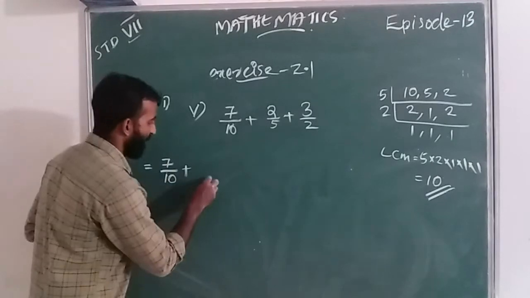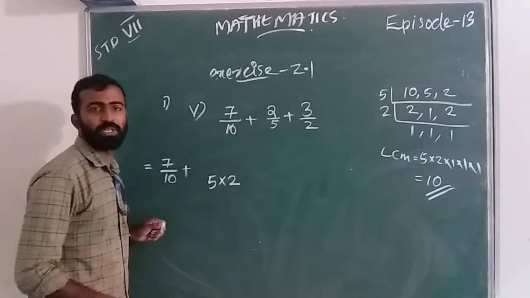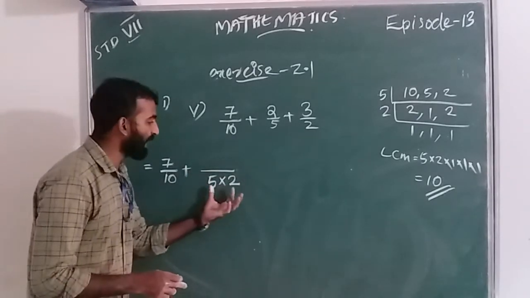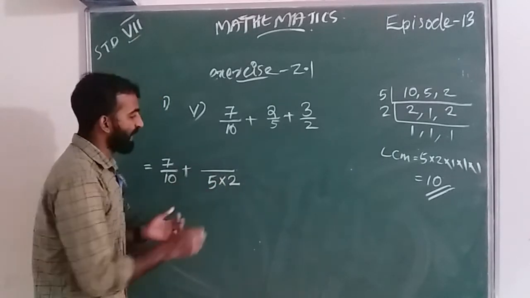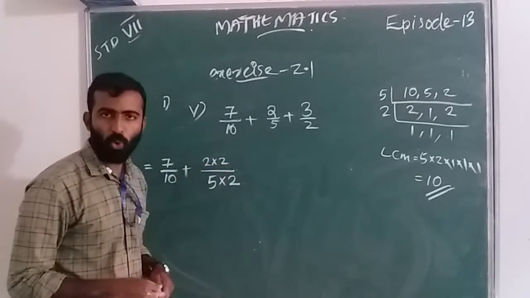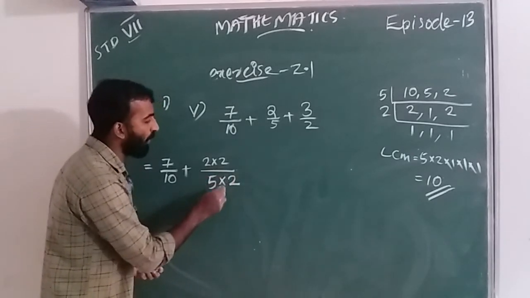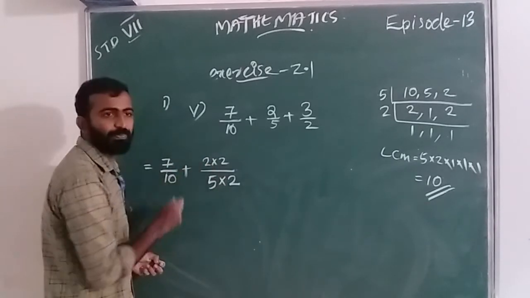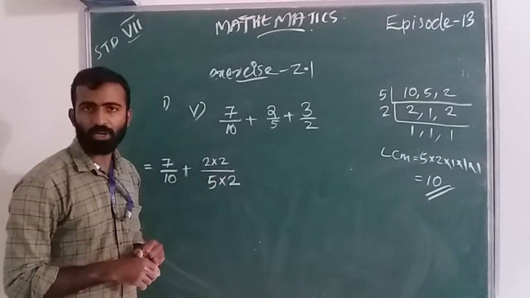That is 5 into 2, which gives 10. When we perform an operation on the denominator, the same operation is done on the numerator, otherwise it is wrong. When you multiply or divide the denominator, do the same to the numerator, otherwise the fraction is not equal.